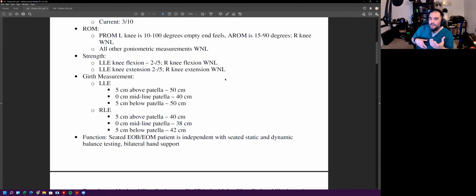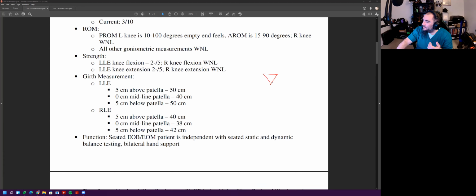Does that make sense to everybody? Does everyone understand what I'm saying? So if I draw my little patella here, it kind of is triangular. There's my mid patella. If I go 2 inches or about 5 centimeters above and below, those are for true swelling.